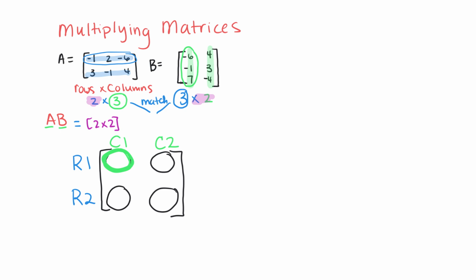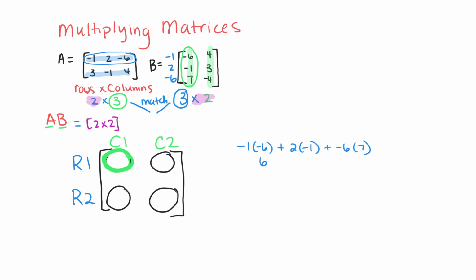Now, what I like to do is take that row, turn it, and put it right next to these columns. So this is -1, then 2, and then -6. You're going to take each of those numbers that are beside each other, multiply them together, and then add them up. So I'm going to do that work over here. I'm going to take -1 times -6, and add to it 2 times -1 and -6 times 7.